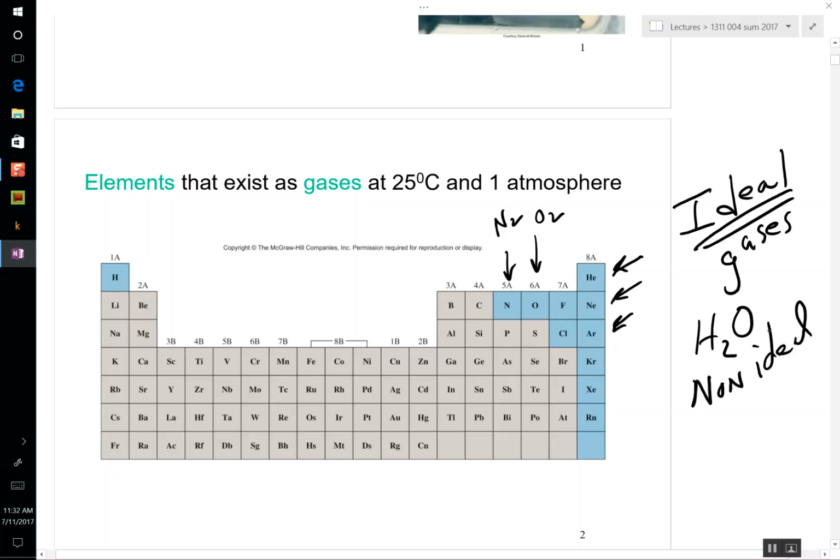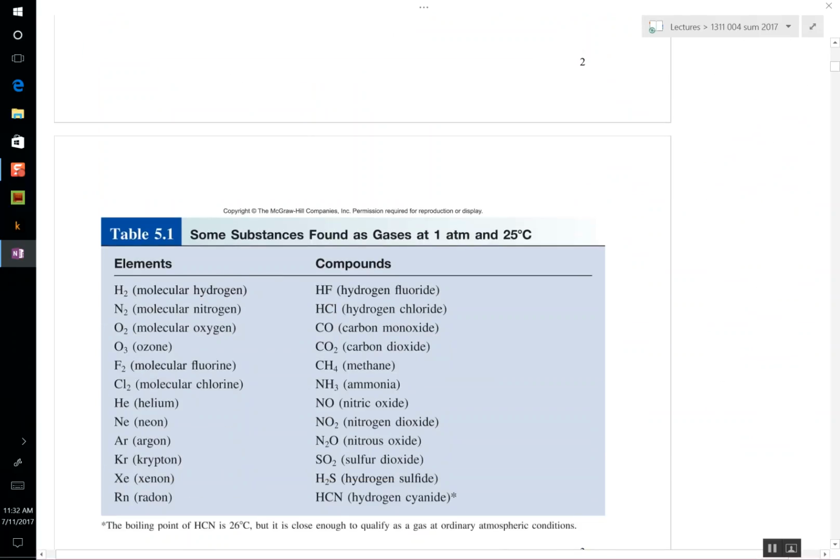So water is an example of a non-ideal gas or a real gas. And towards the end of this chapter, and hopefully towards the end of today's time together, we'll get over to how to deal with a non-ideal gas. And that's a little bit more complicated problem.